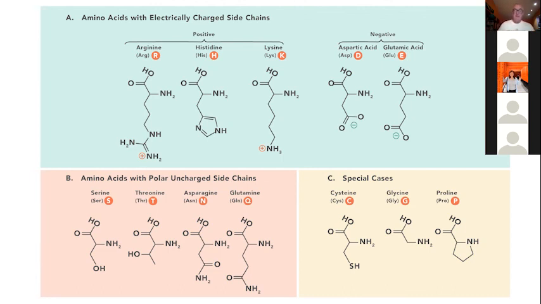So we can see that we've got carboxyl groups, aspartic acid, glutamic acid, both have carboxyl groups at the end. We have positive charge. Here we have an aromatic amine. Here we have a primary amine. Here we have secondary amines.